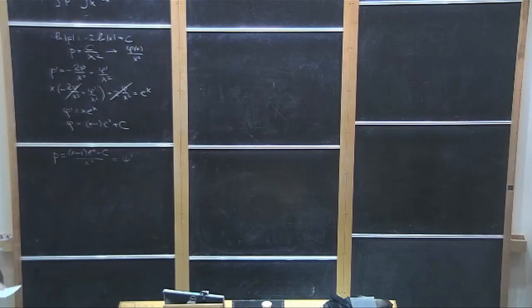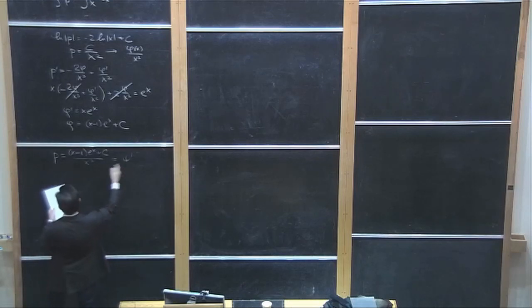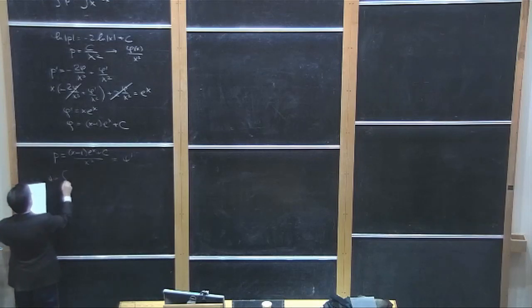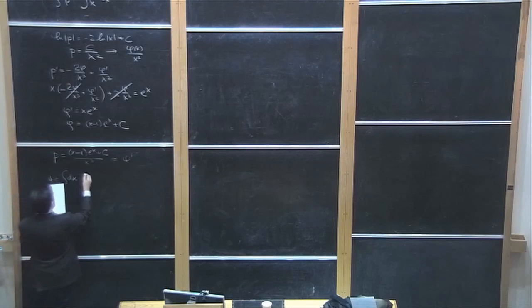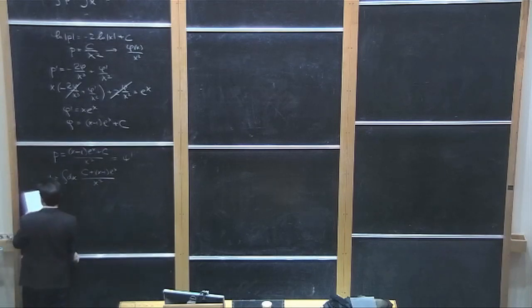Now you have to integrate this. It's not an equation anymore, it's just an explicit integration because I need psi. So psi is the integral dx of c plus x minus 1 e to the x, divided by x squared. Let's see if we can integrate this.